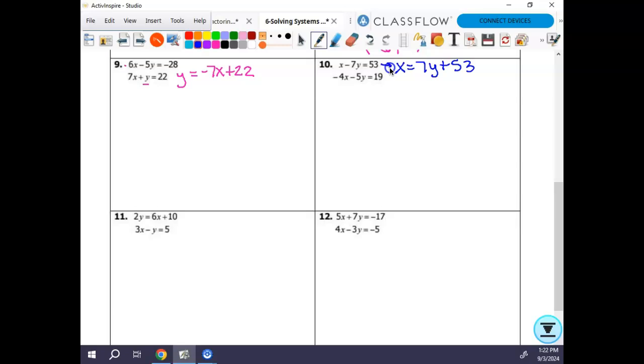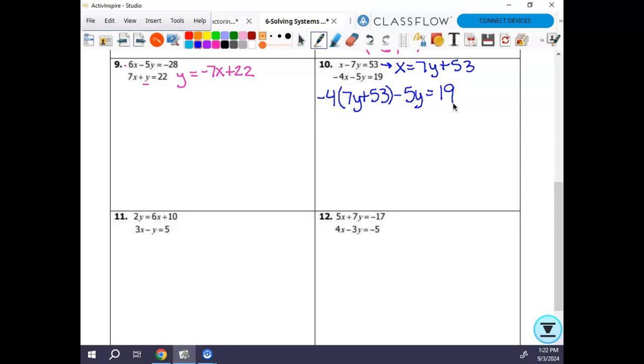That's what that gave me right there. It's fine to solve for x, or whatever variable you want. Then we're going to substitute it in. So I'm going to get negative 4 times, I open my parentheses, 7y plus 53, minus 5y equals 19. Okay? Everybody good with that?